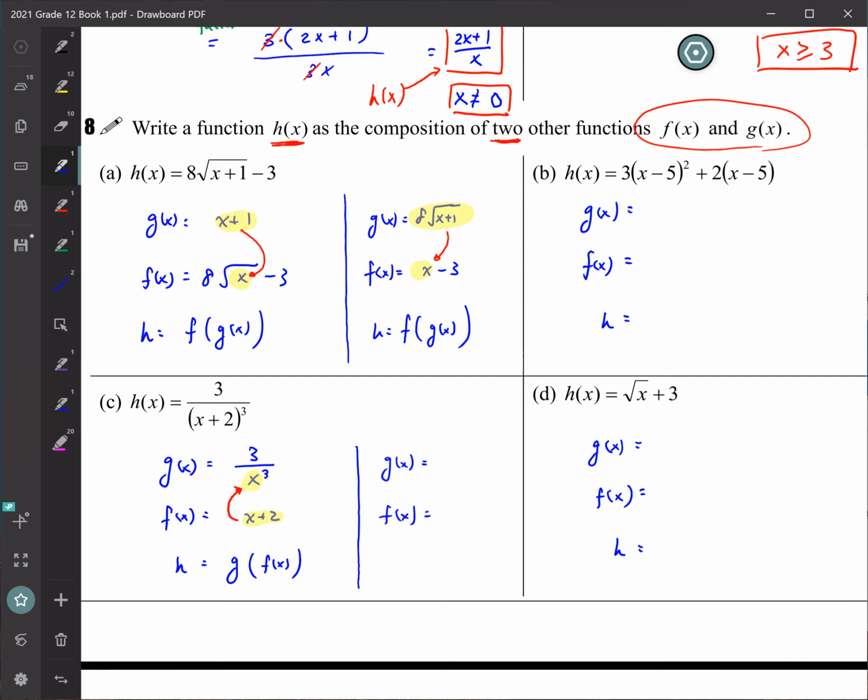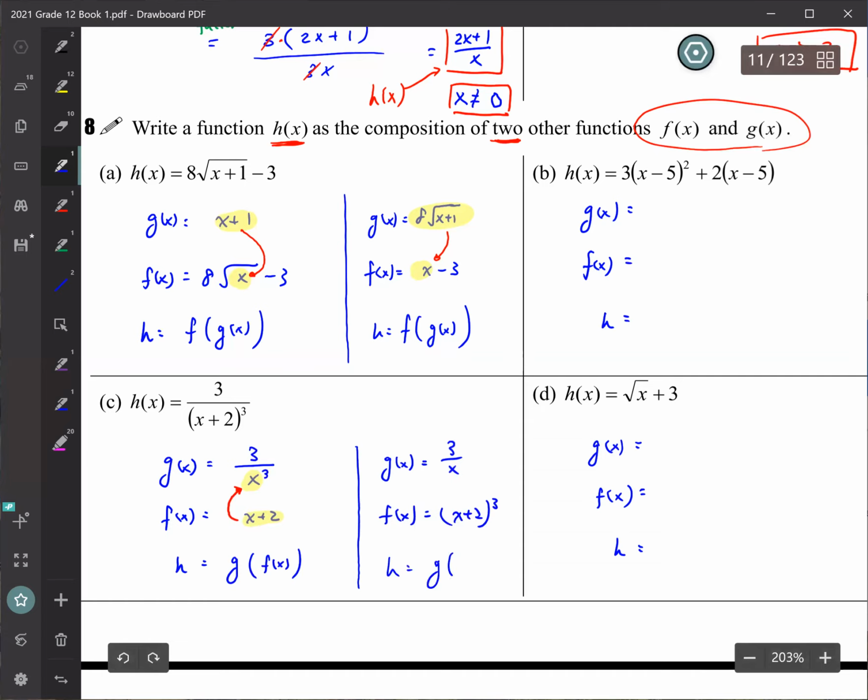I have x plus 2 cubed for f, and then I have 3 over x for g. Okay, which one's inside? G of f of x.